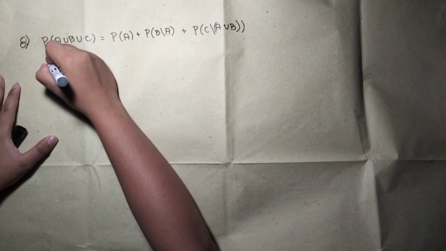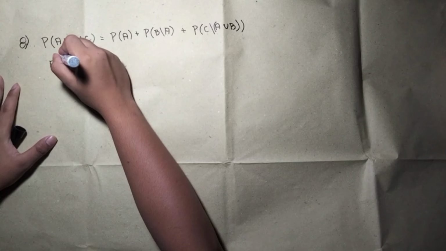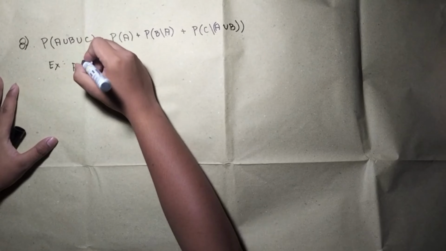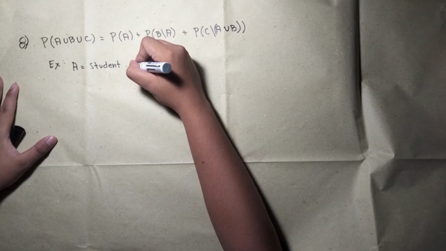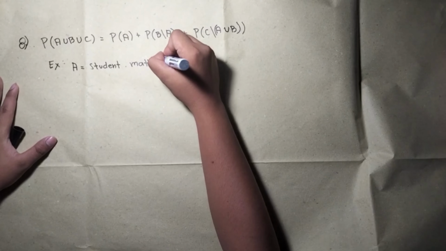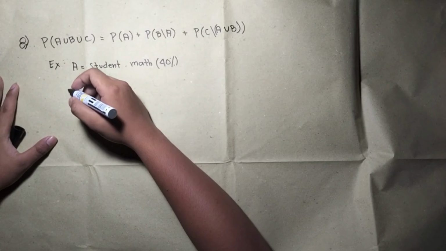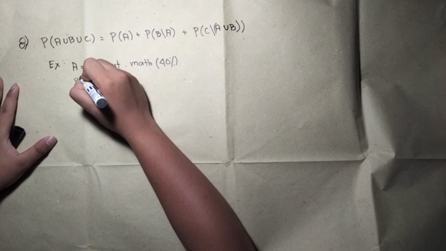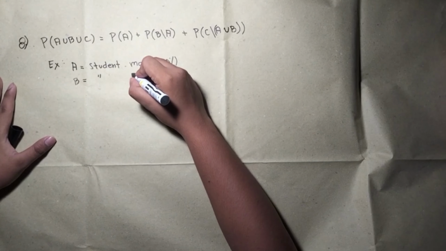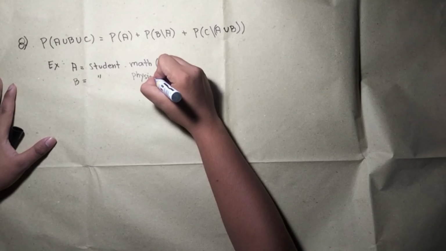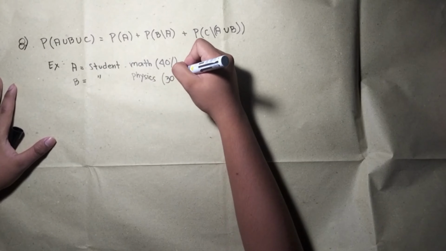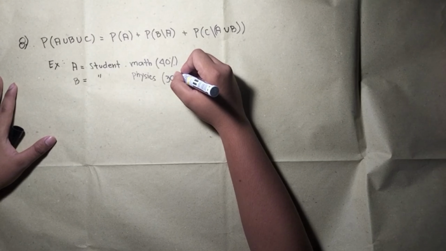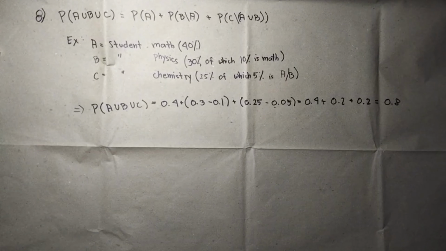Next is event C, student studies chemistry, which equals 25%, of which 5% overlap with A or B. Then we substitute the variables, which concludes to the probability of A union B union C is equal to 0.4 plus 0.3 minus 0.1 plus 0.25 minus 0.05, which equals 0.4 plus 0.2 plus 0.2, which is equal to 0.8.